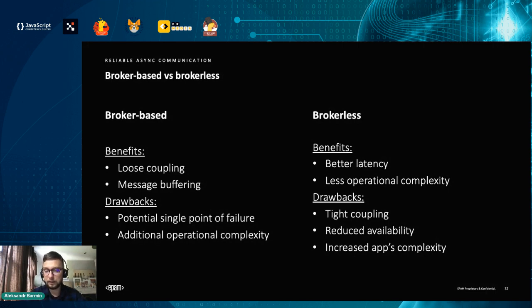So on the one hand, yes, cloud services and sophisticated message brokers allow us to solve a lot of problems, but at the same time, we should be aware of the additional complexity and overhead which they bring to us.